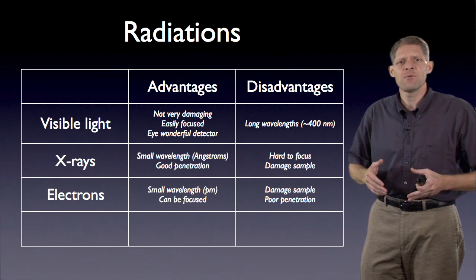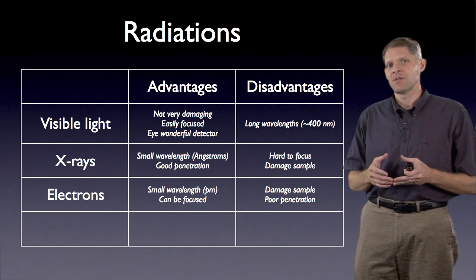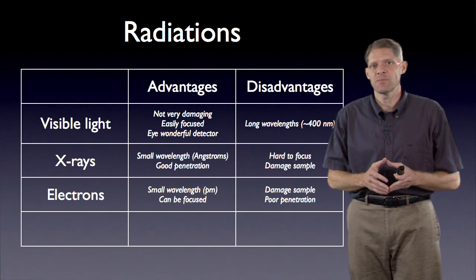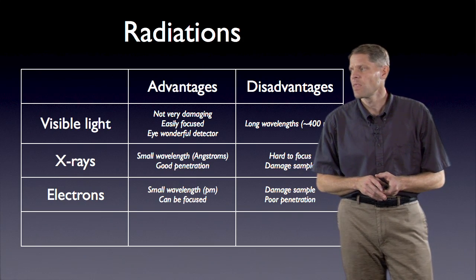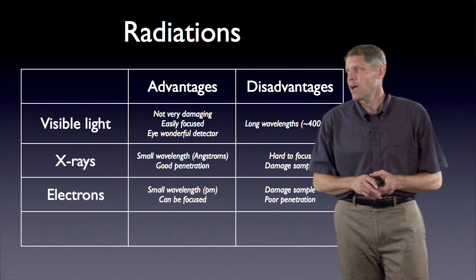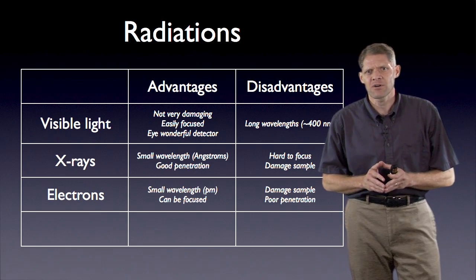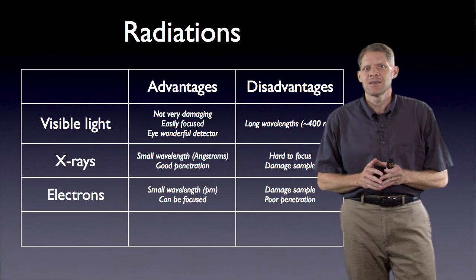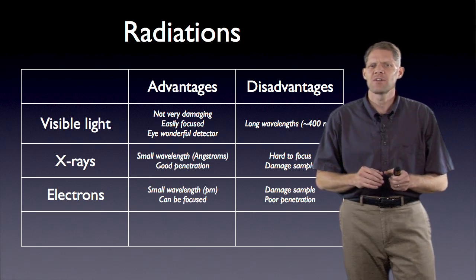And so a fundamental limit of electron microscopy is the radiation that a biological specimen can sustain before its structure is degraded. In addition, electrons also have very poor penetration. So another fundamental limit of electron microscopy is that we can't effectively image samples that are thicker than about 1/2 of a micron.